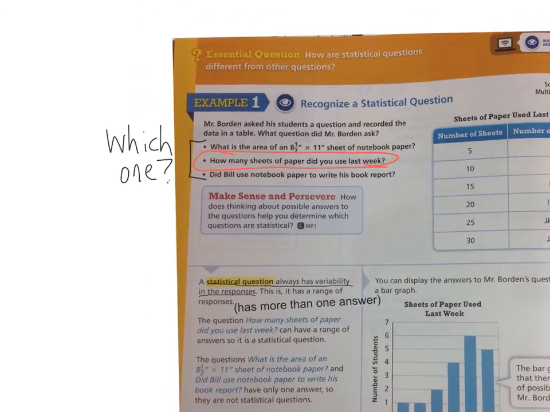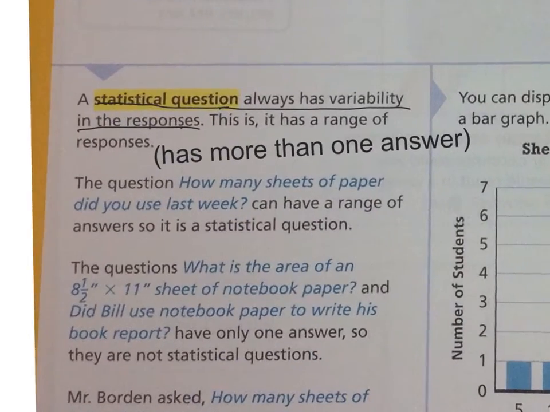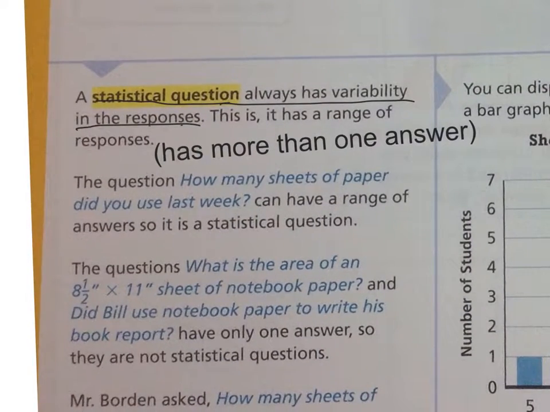So this is what's called a statistical question. A statistical question always has variability in the responses, or another way of saying that, I would say, is that it has more than one answer. So if they give us a question that has more than one answer, it's a statistical question. If it only has one answer, then it's not a statistical question.